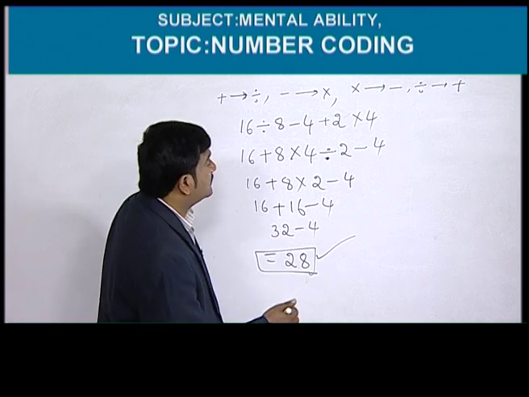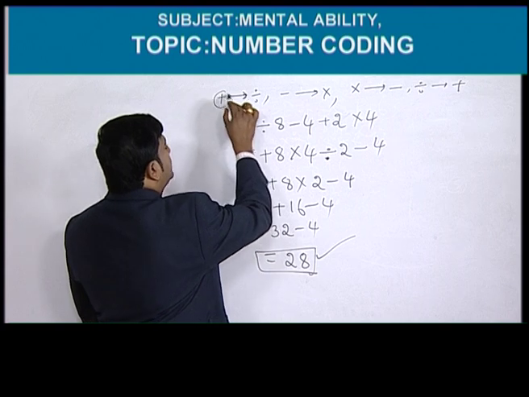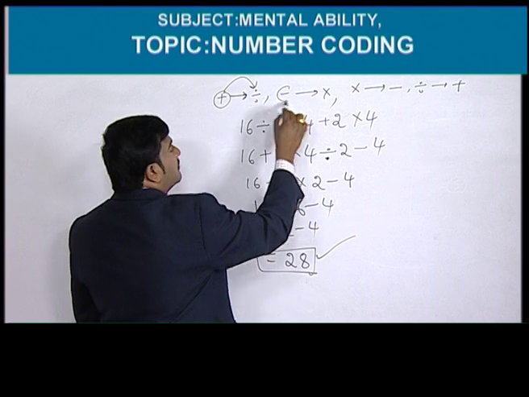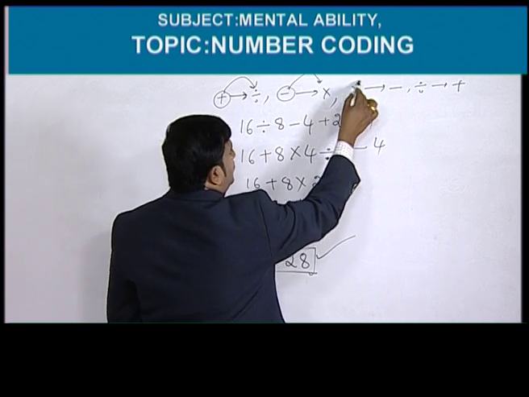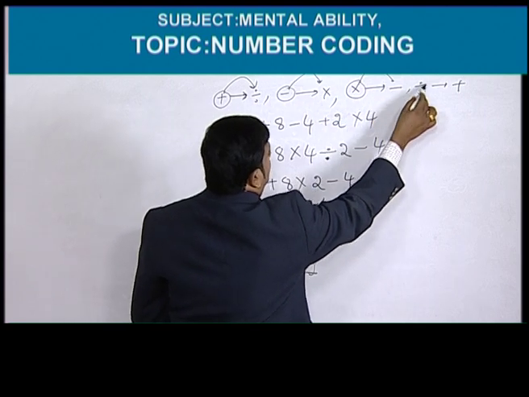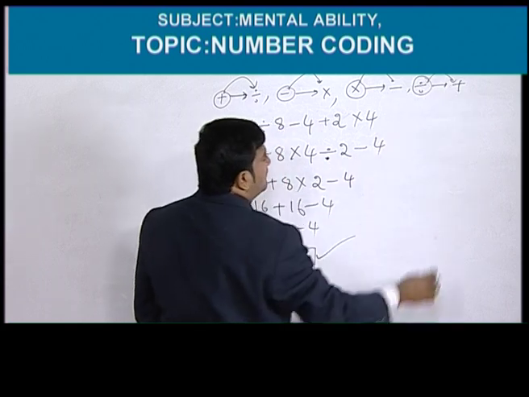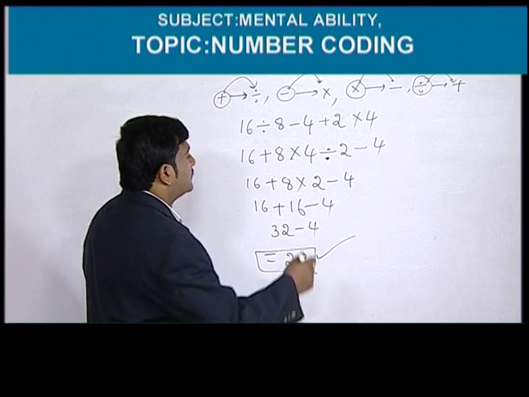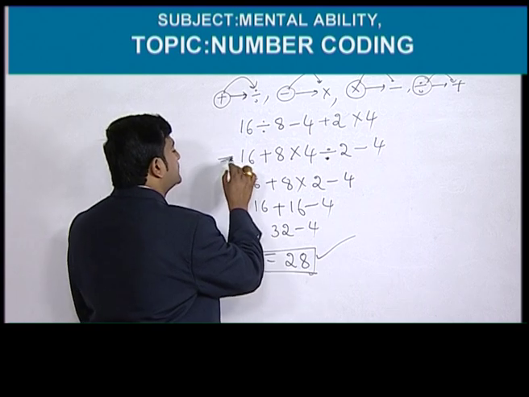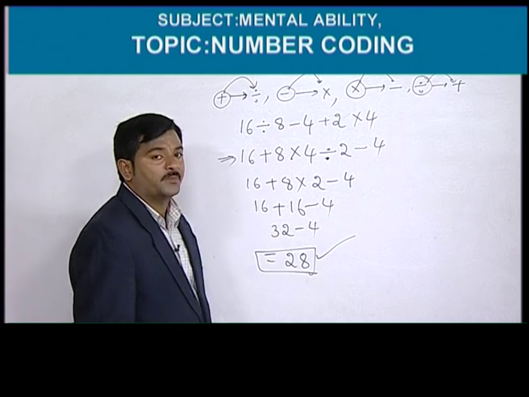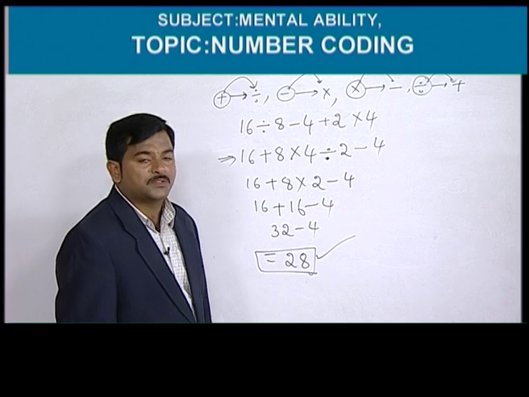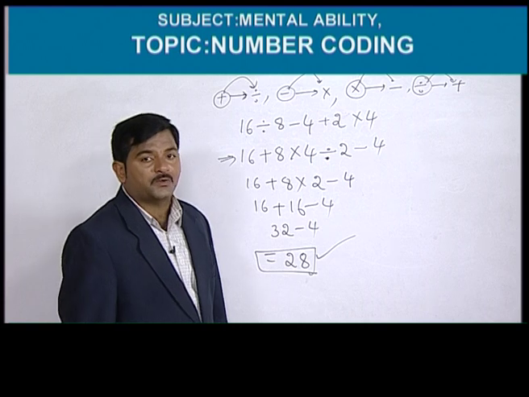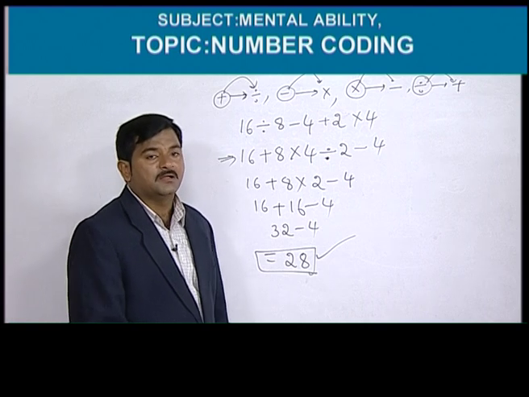The concept involved here is that instead of taking plus directly, plus means minus, minus means into, into means minus, and divided by means plus. So we substitute the corresponding codes in the second step and apply the BODMAS rule concept. Hence the final answer is 28.